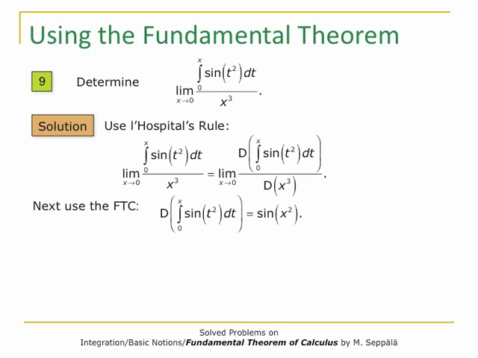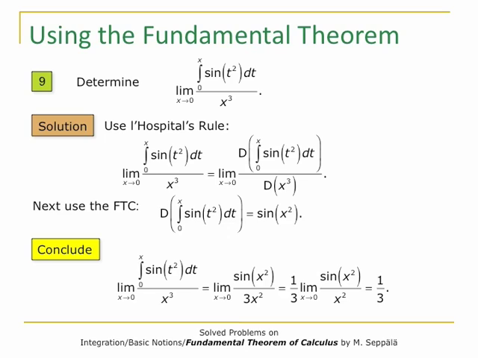Next, we use the fundamental theorem of calculus. The derivative of the integral from 0 to x of sine of t squared dt is, by the fundamental theorem of calculus, simply sine of x squared. The derivative of x cubed is 3 times x squared.